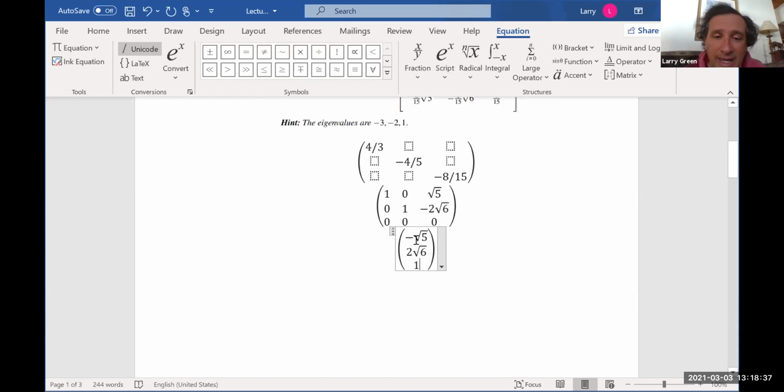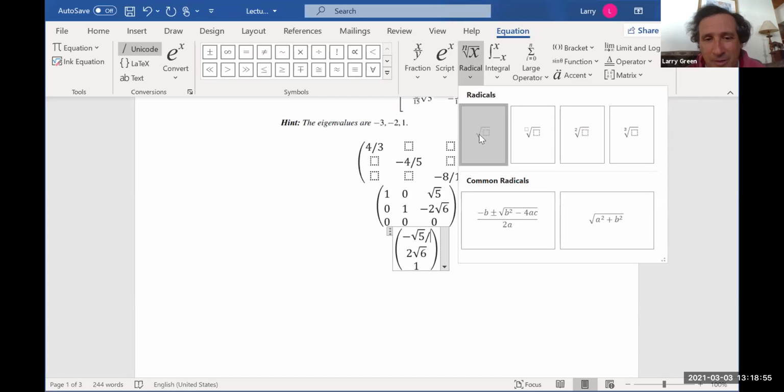So I get 5 plus 24 is 29 plus 1 is 30. So I need to divide by the square root of 30. Any questions on that? Nobody said this was going to be beautiful.